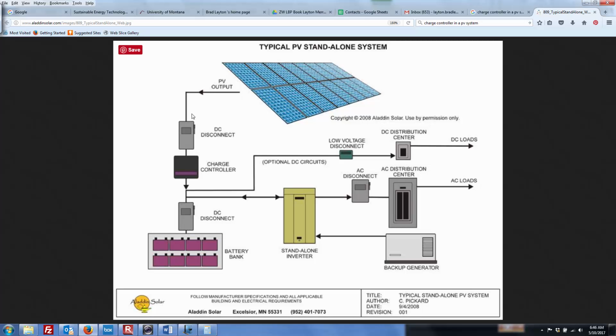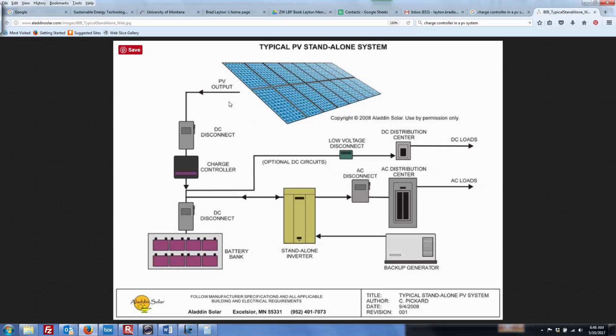The output goes into a DC, so again, direct current disconnect. Here's the charge controller we're looking for. And so you can see straight from the DC disconnect through the charge controller goes right into your battery bank. So what you can see is if you're going to work on this bank, you can disconnect it here. If you just want to disconnect the array, we'll disconnect it here.